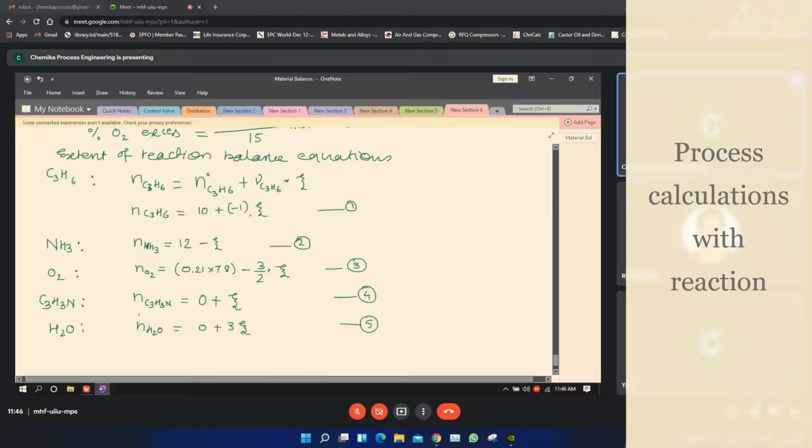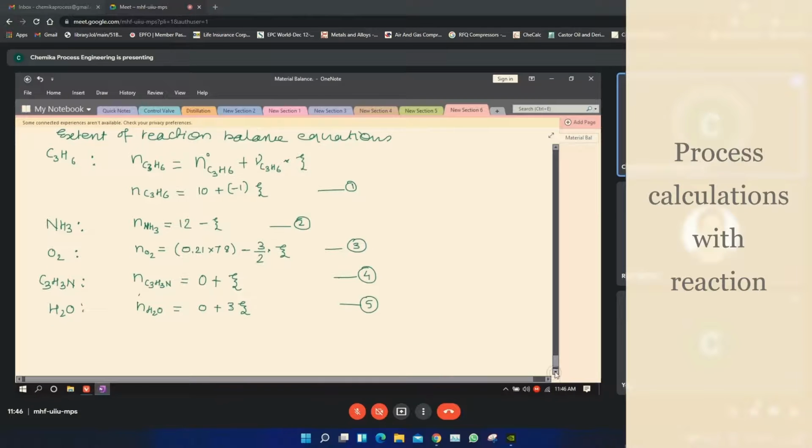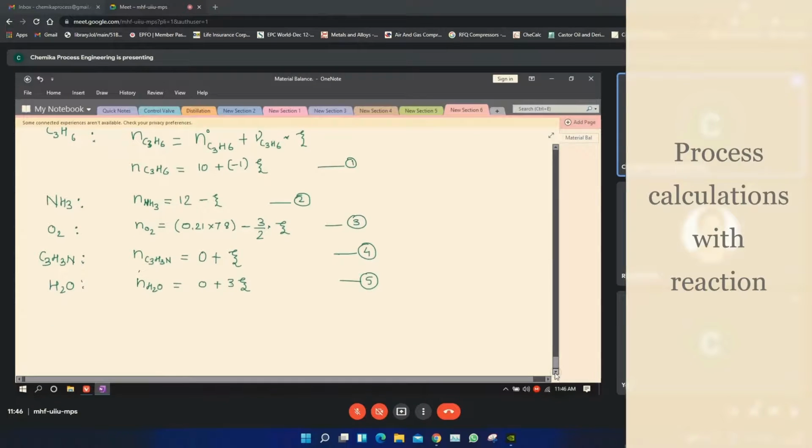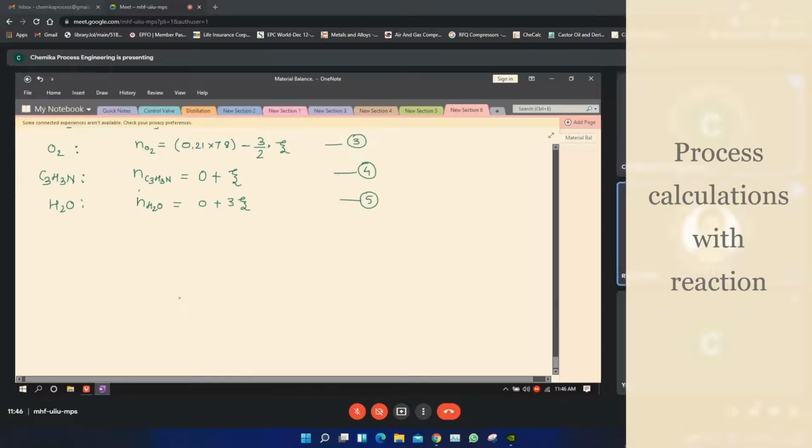Now you look at the problem statement. What have they given? They have given that for the limiting reactant there is a 30% conversion. So we can use this information in order to predict the zeta value. You can use it in the extent of reaction.